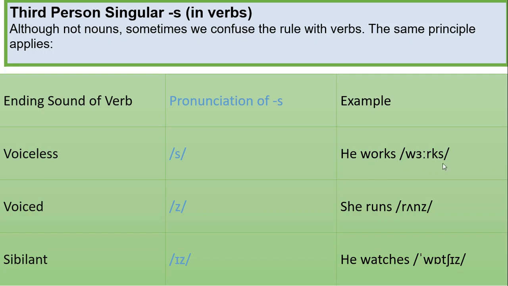For example, he walks. When any word ends with a voiced sound and we add s, its pronunciation is z. For example, she runs. When any word ends with a sibilant sound and we add s, its pronunciation is iz. So, he watches.